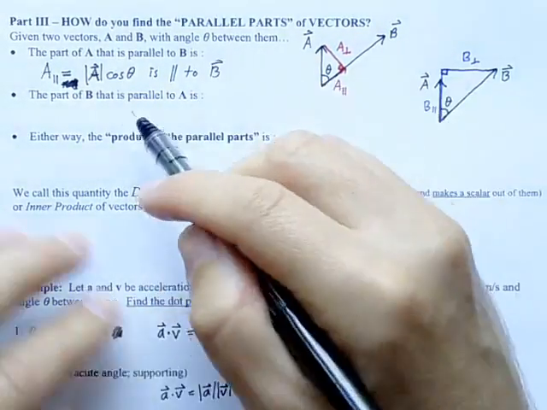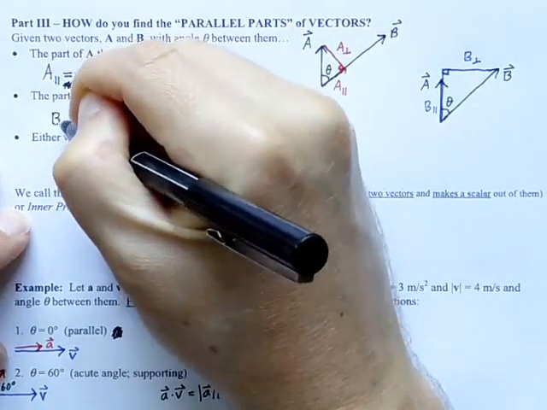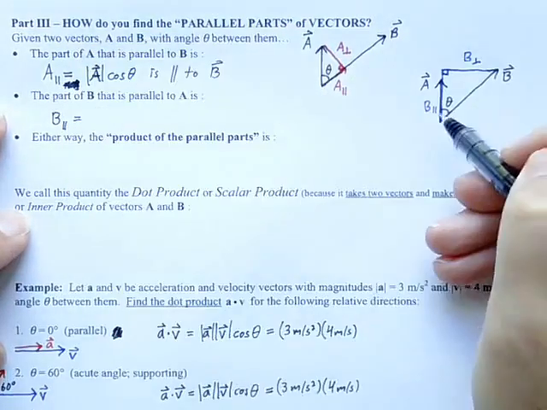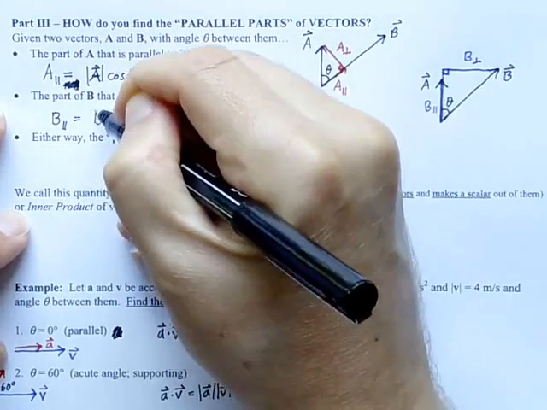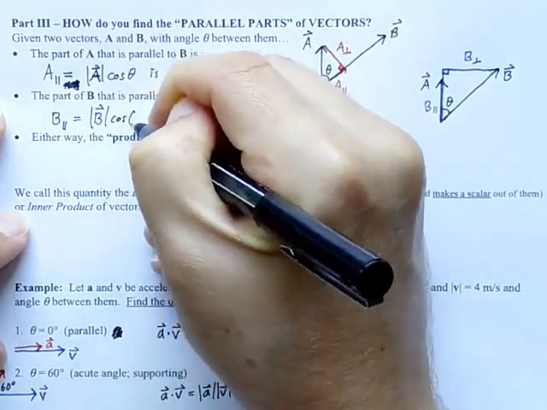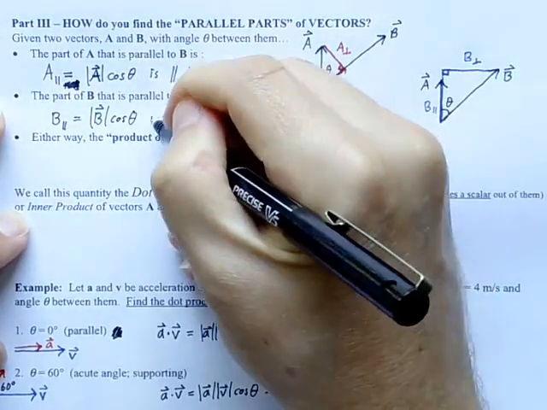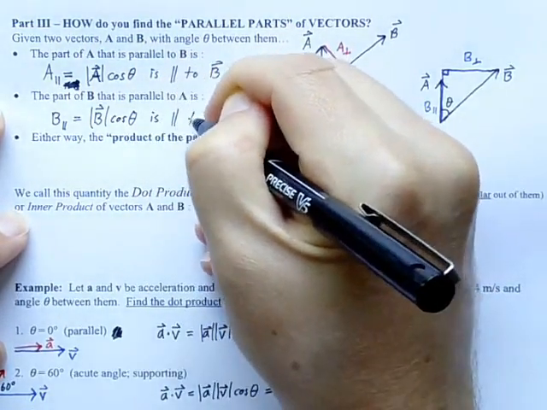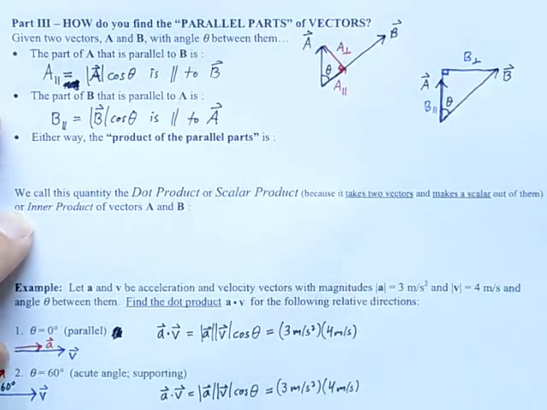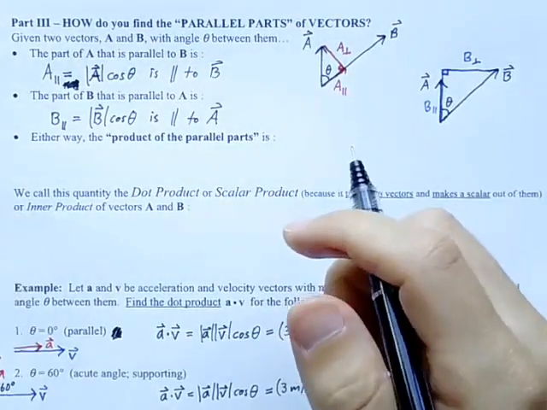And so the part of B that's parallel to A, B parallel, can be found by taking the magnitude of B times cosine theta. So B cos theta, that's the component of B that's parallel to vector A.